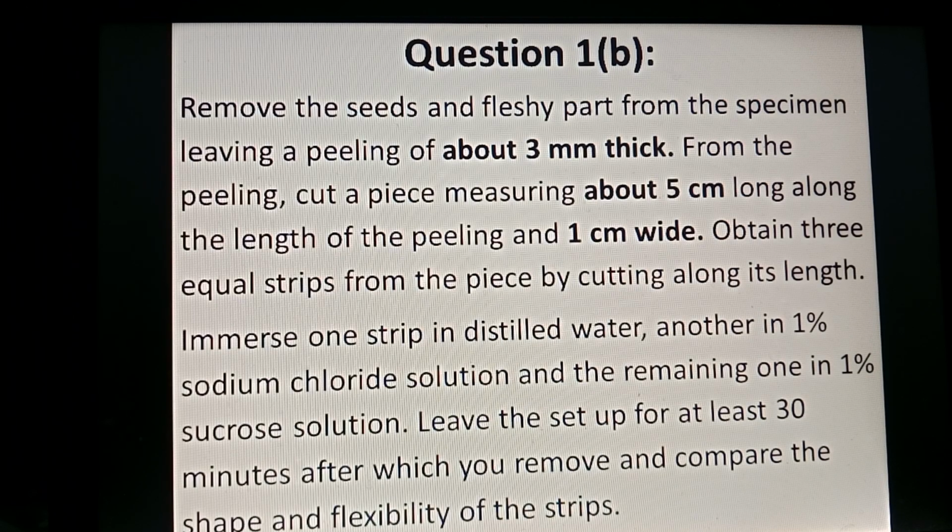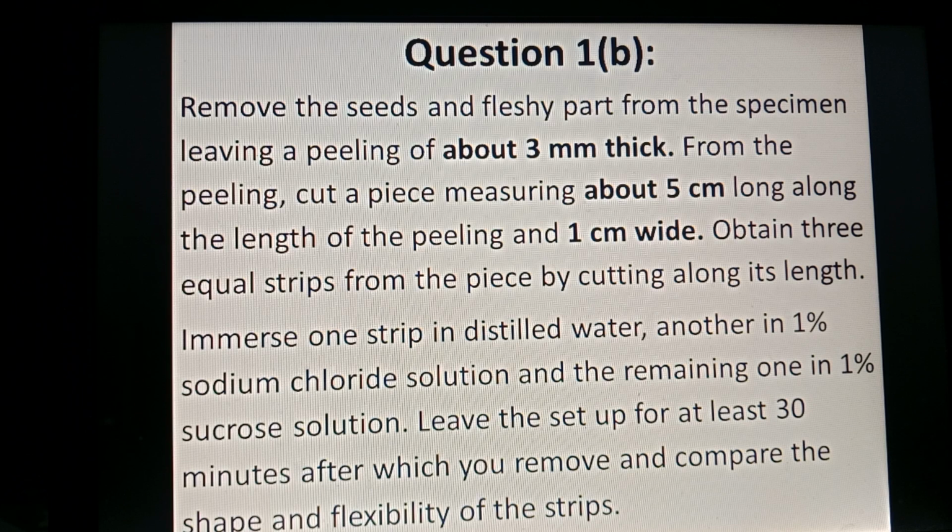1B. Remove the seeds and flesh part from the specimen, leaving a peeling of about 3 millimeters thick. From the peeling, cut a piece measuring about 5 centimeters long along the length of the peeling and 1 centimeter wide.